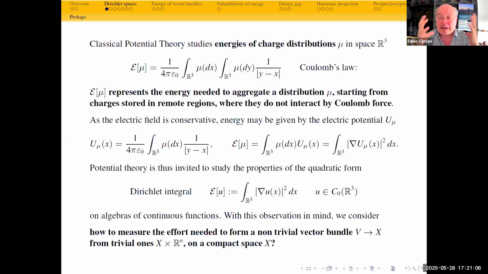So with this idea in mind, coming from potential theory, we can consider the following problem.